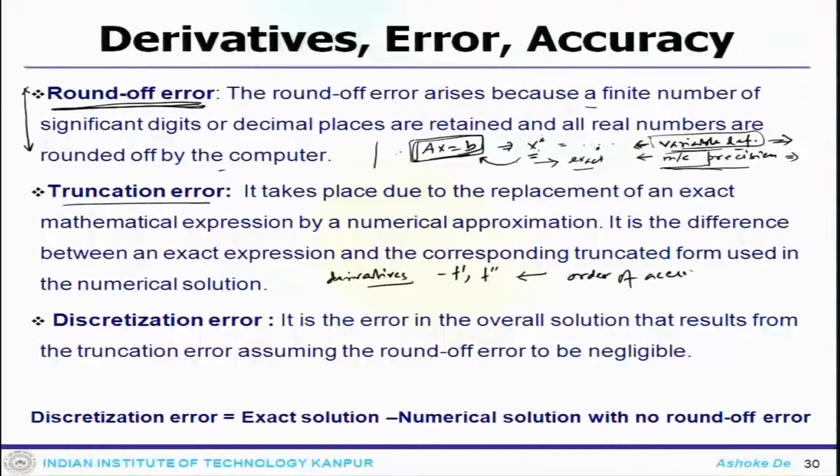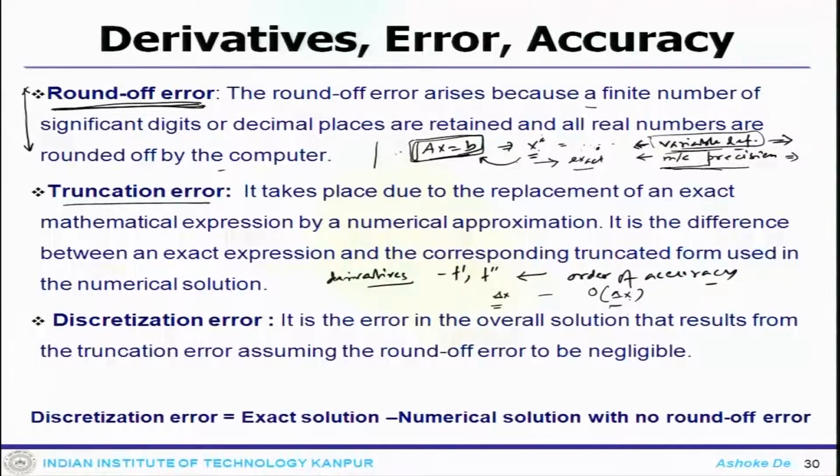So, if your delta x, which is the spacing of your numerical grid, is higher, and if you are using a forward or backward differentiation scheme, your order of accuracy is order of delta x. So, your error is too high.